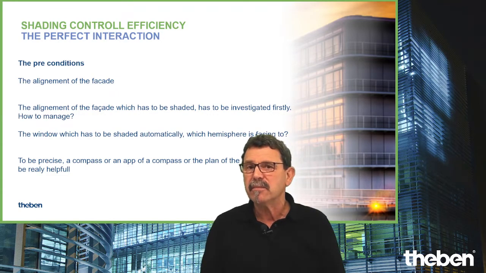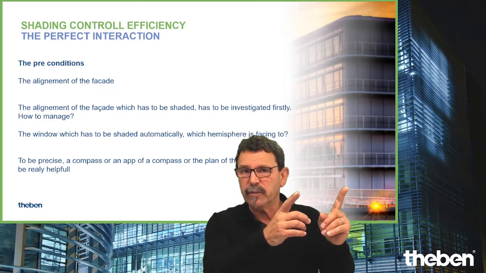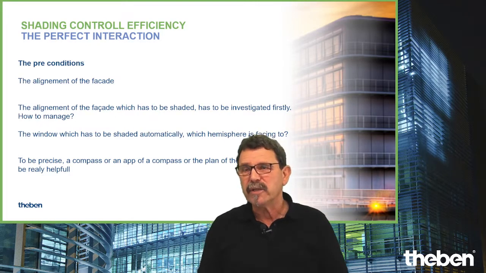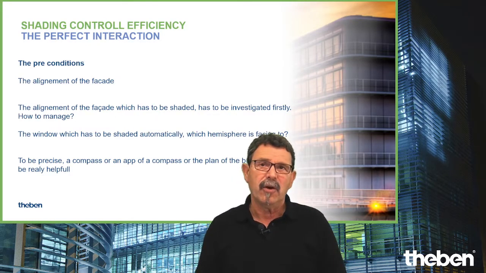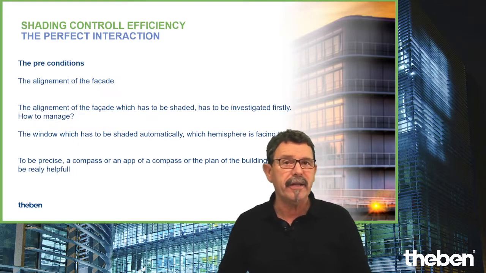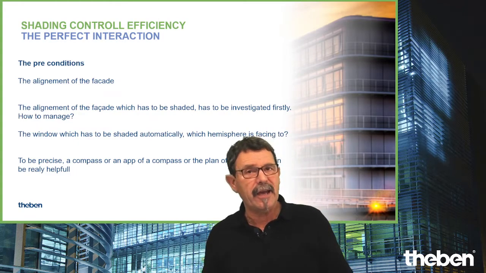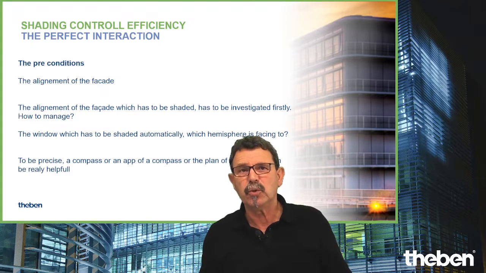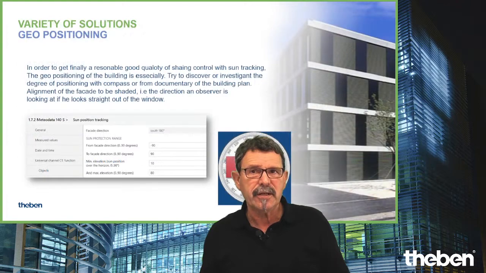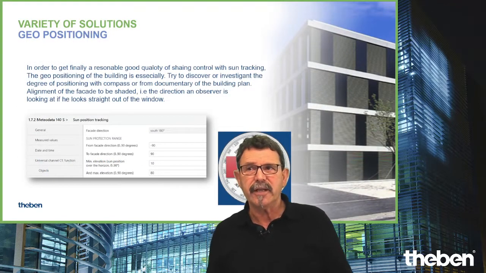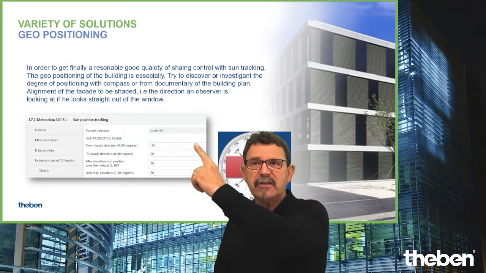We need some details about the building. How is the alignment of the building? How many facades do we have to shade, to give the shading control? And for that we need to know the facade direction.